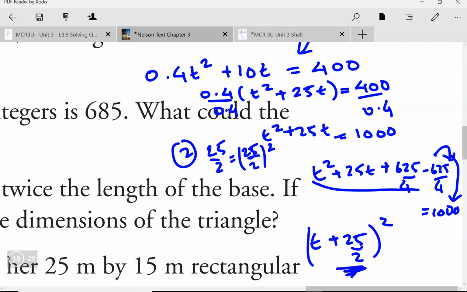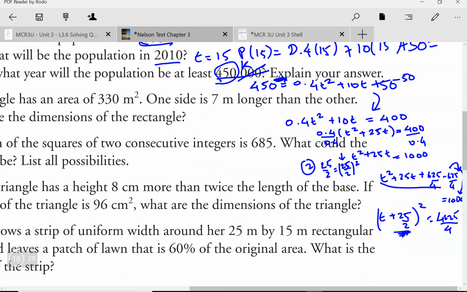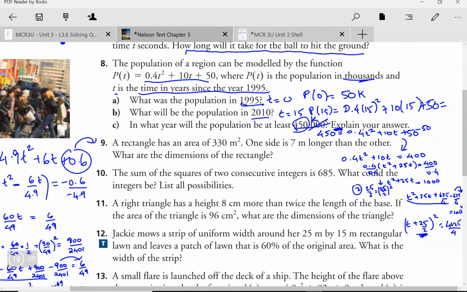Before I square that, this number is what I'm going to put inside the square. If you go back to the theory on completing the square in 3.3, you'll understand how I do that. And then you can continue this at your leisure: 4,625 divided by 4, take the square root, find your two answers, etc.